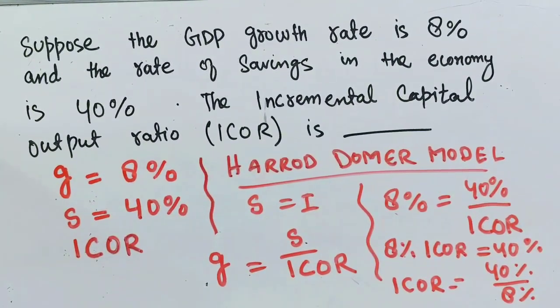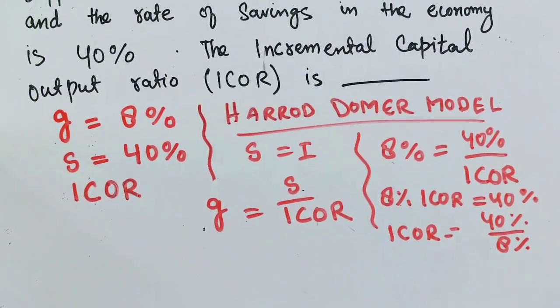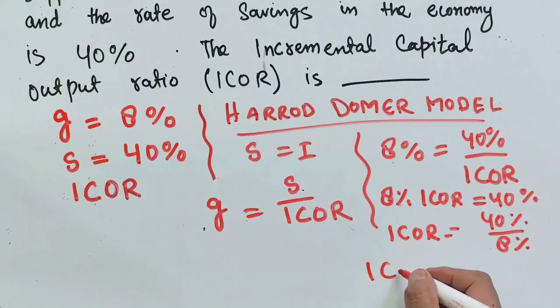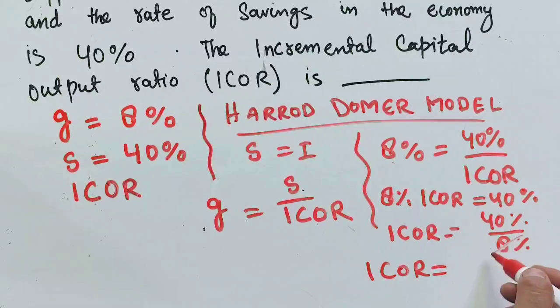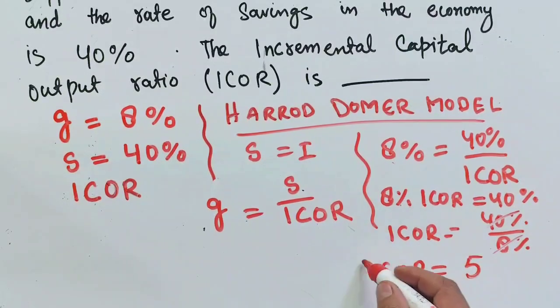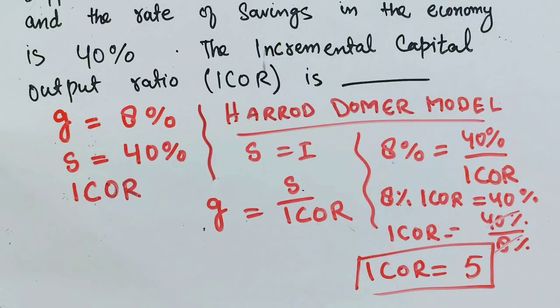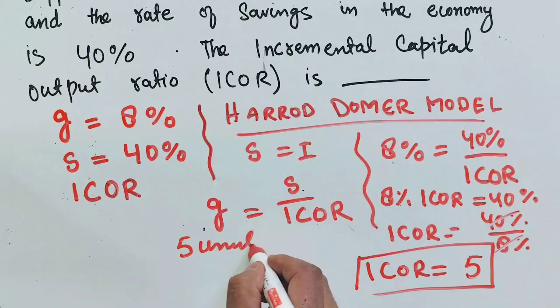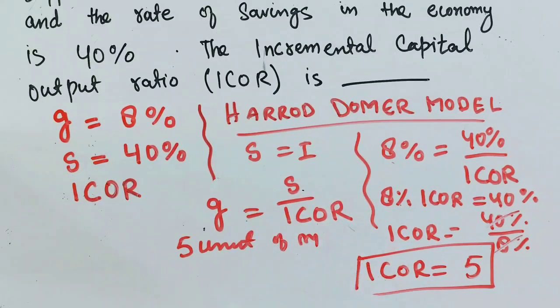So ICOR will be equal to 5. That means the incremental capital output ratio for this economy is 5. It simply means we need 5 units of currency to make one more unit of output for the economy.